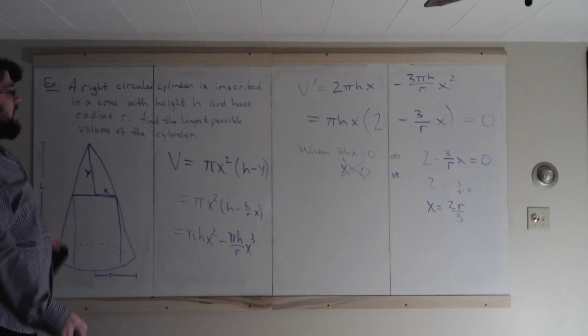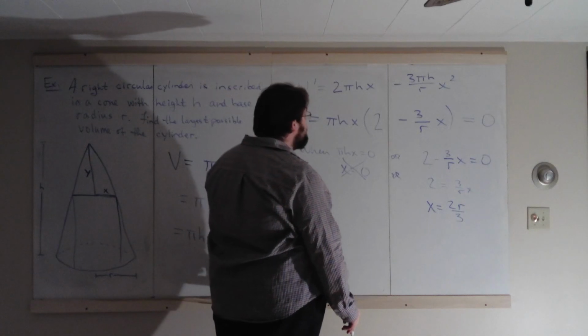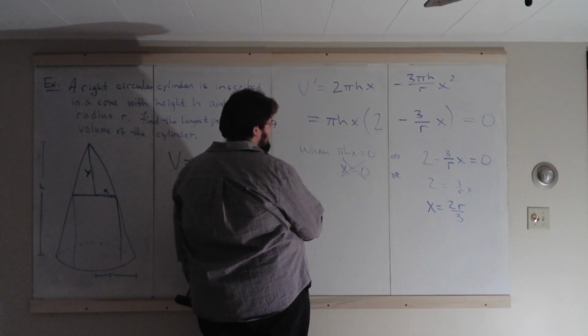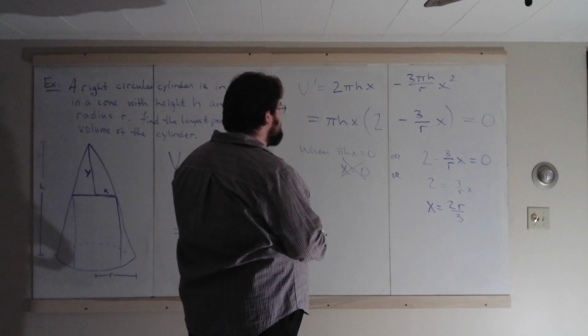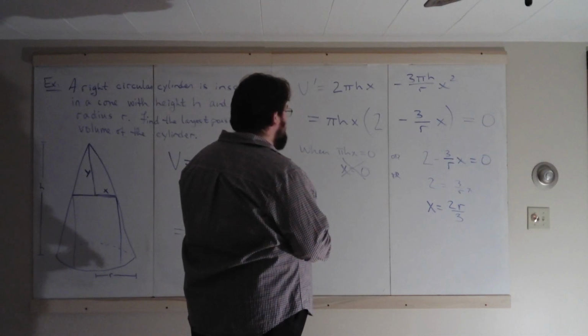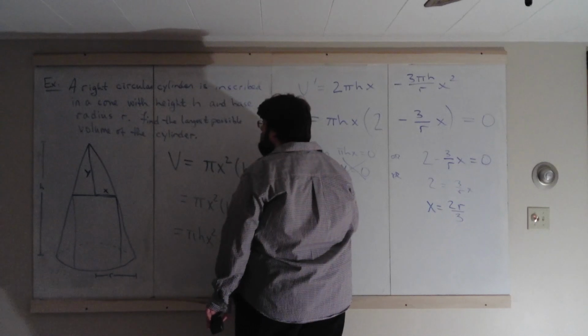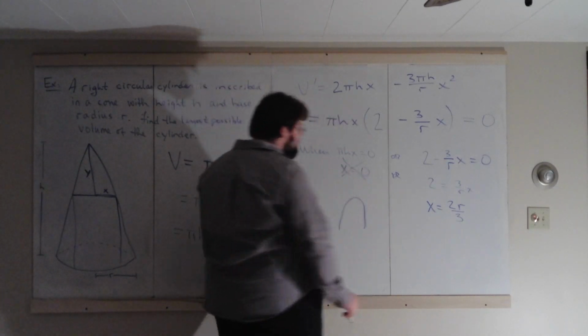Let's show that it does. And let's use the second derivative. It's actually easier to use the first derivative, I would say. If you use the first derivative, largest possible, I'll do the work for the second derivative, but I'll just talk through the first derivative.